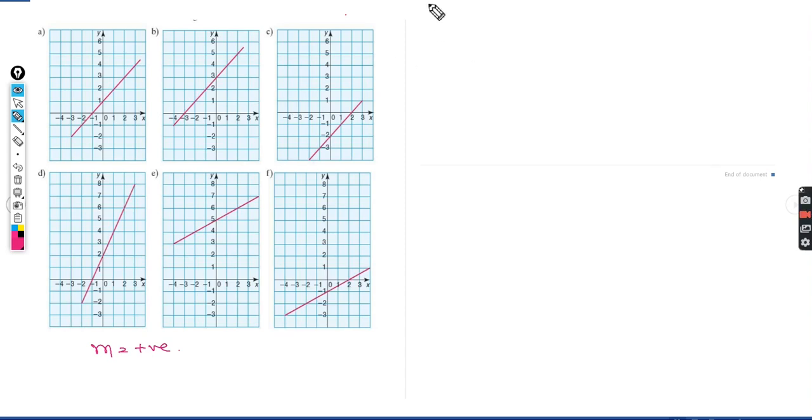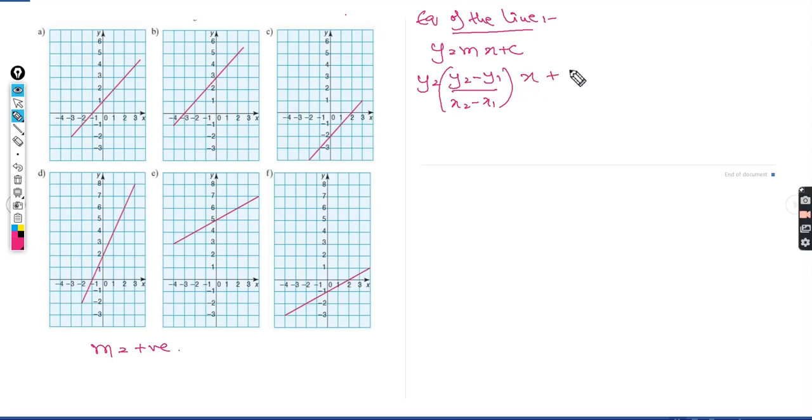So first things first, the formula for the equation of the line, which we already know, is y equals mx plus c. Mark my words, this particular formula is very important for the equation of the line. You can also write y equals (y2 minus y1) over (x2 minus x1) times x plus c.